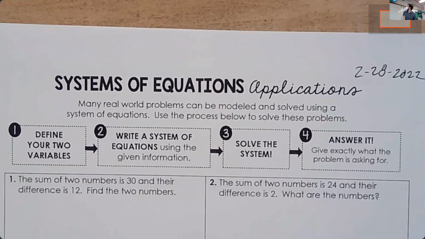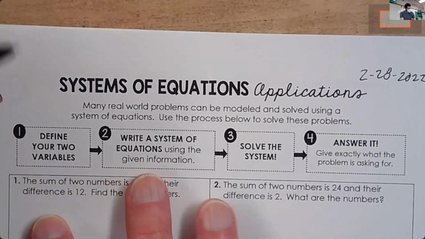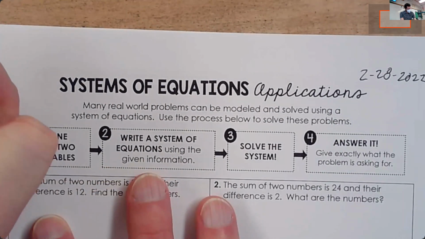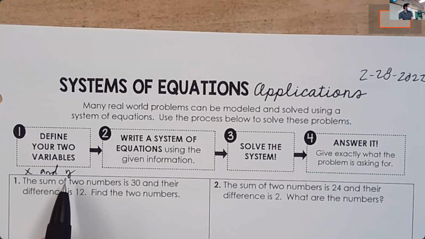So I'm just going to write a couple small things underneath step 1 and step 2. Underneath step 1, I'm going to write x and y. Those will be our two variables that we'll use. You're welcome to use different variables if you would like, but we're just really used to using those, so we'll keep using those unless you want to change them on your own, which is fine.